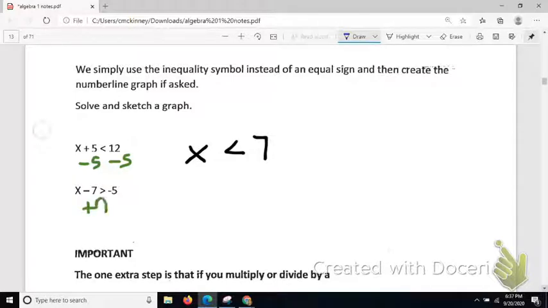So here, if I add 7 to both sides to get the x by itself, I would have x is greater than 2. Again, open circle, this time my shading would be to the right. So those were examples of addition and subtraction equations.